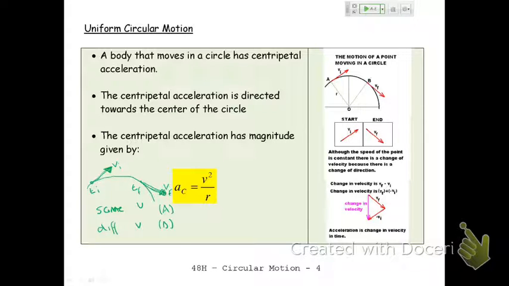Can you think back to the beginnings of Physics 1? And can you tell me what the average acceleration is in terms of velocity and time? What equation would you write down for that? It's going to be delta V over delta T, which equals V final minus V initial over T final minus T initial. So my next question is, does this change represent an acceleration?